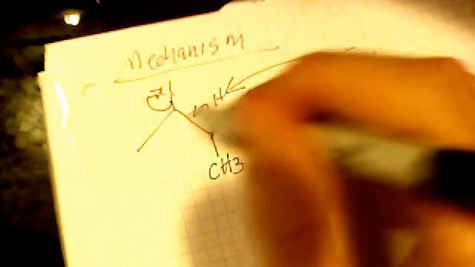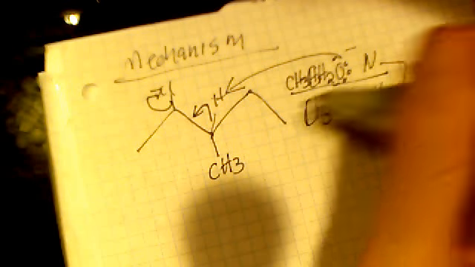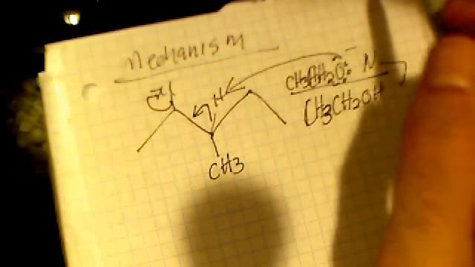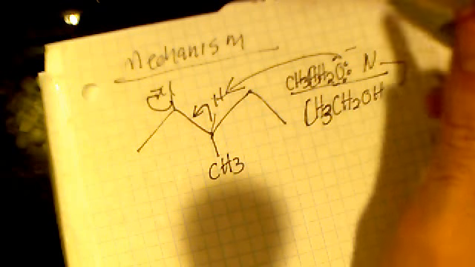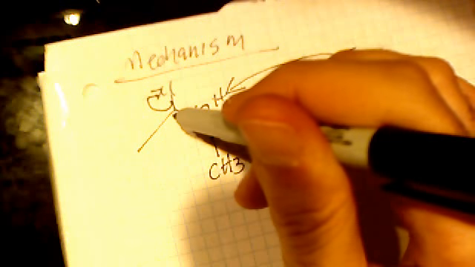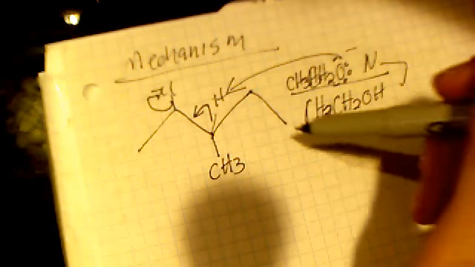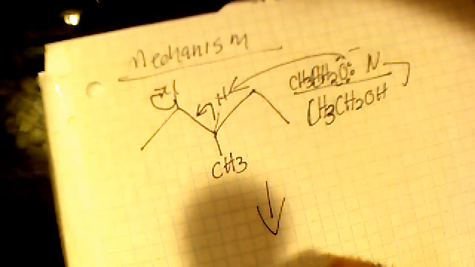This is the nucleophile, this is the electrophile. It would make it more difficult for this to come in here and attack this, causing an SN2 reaction. So this is the likely mechanism that would happen, giving us the product that we want.